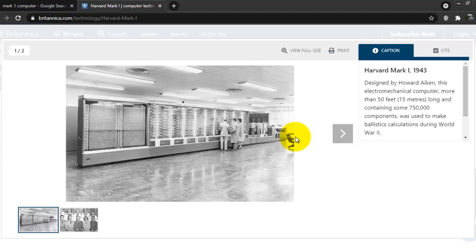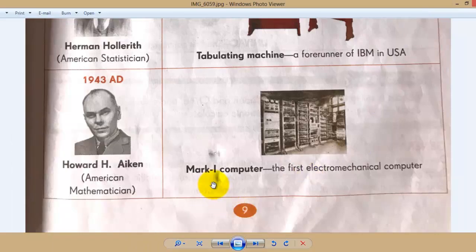It was also used during wartime for calculating different types of situations. So like this, many devices were developed after Charles Babbage's difference engine: the tabulating machine, the Mark I computer. Mark I is the first electromechanical computer, developed by IBM.